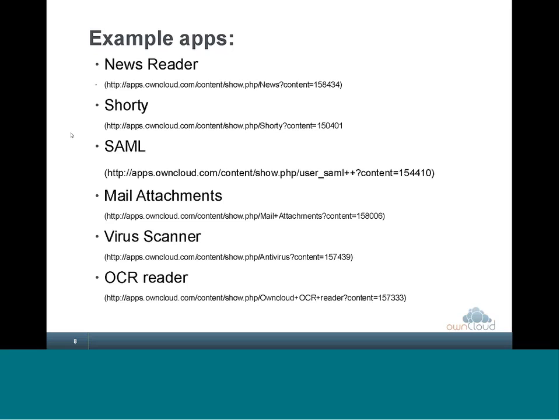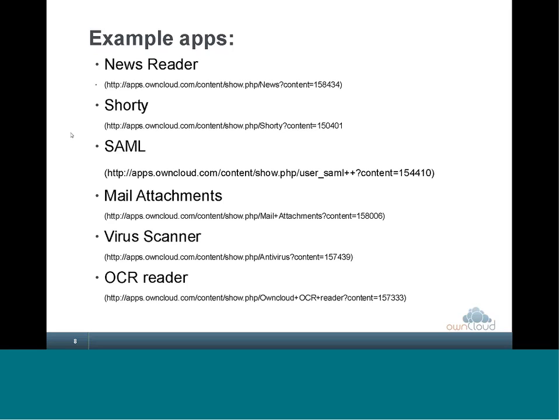Second example is Shorty. I think you all know these URL shortening services like Bitly and all these other shortening services. If you want to run your own shortening service because you don't trust the third-party service to track the clicks of the users, for example, there's a shortening app out there, also developed by a community member.